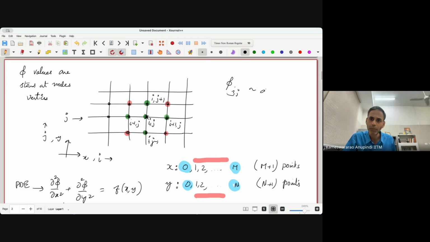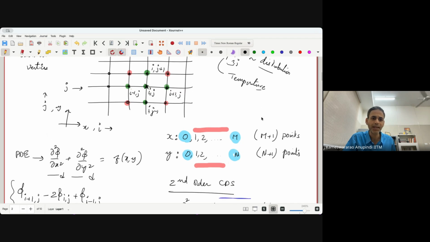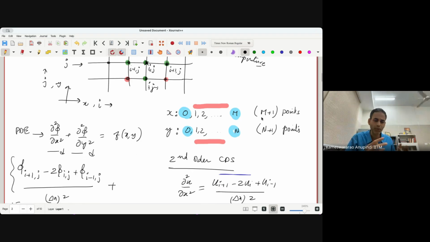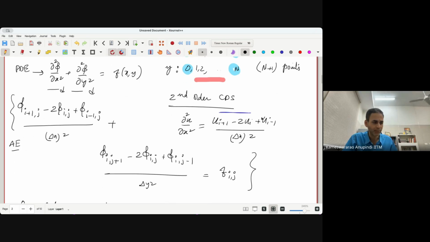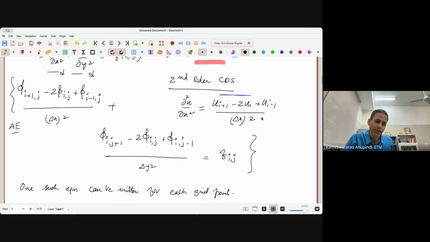That means we want to obtain the distribution of phi. For example, phi could be temperature, if you're solving the heat conduction equation, or it could be a scalar that is diffusing. So that is the case.